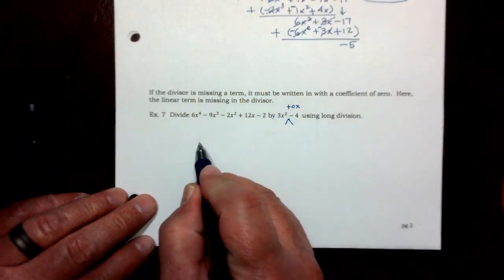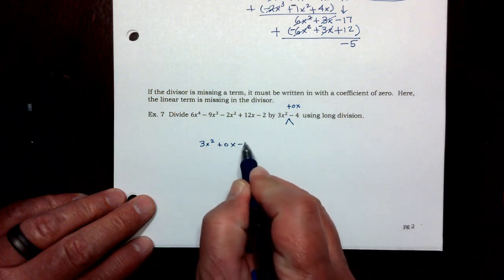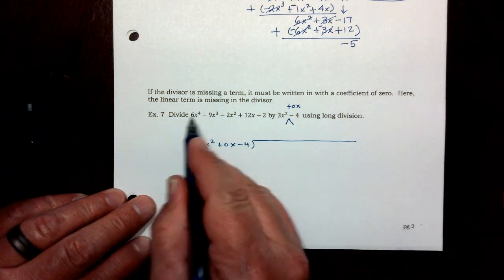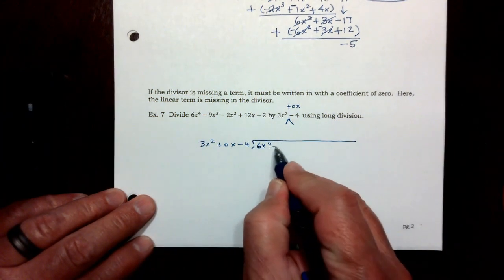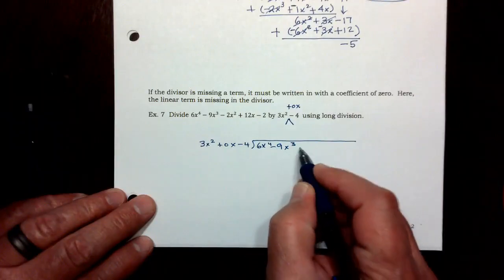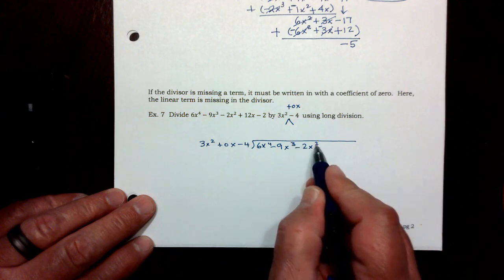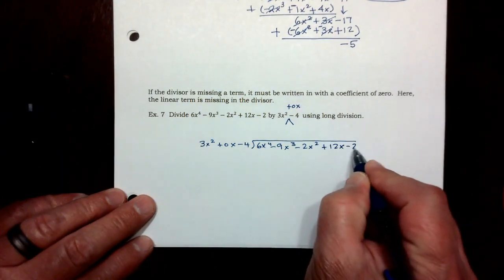And we end up with 3x squared plus 0x minus 4 divided into that longer expression right here, 6x to the 4th minus 9x cubed minus 2x squared, and I'm kind of checking 4th power, 3rd power, 2nd power as I go, plus 12x minus 2.